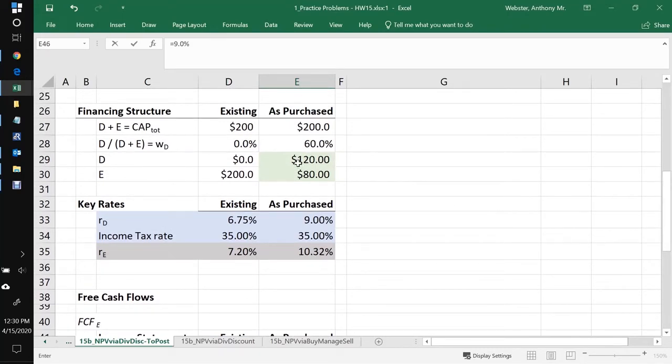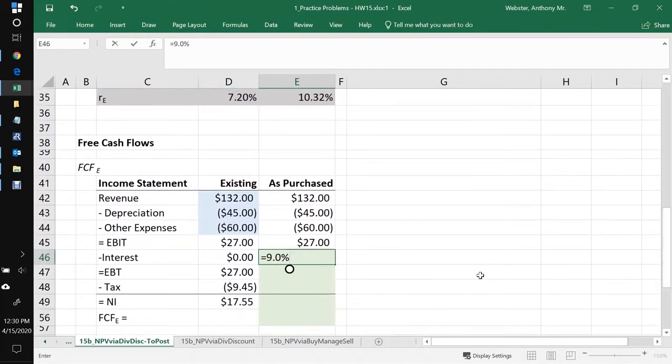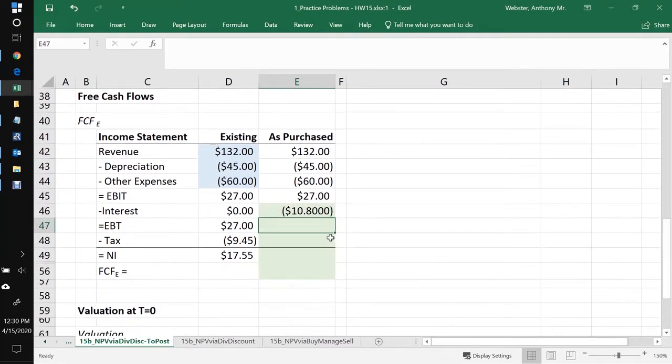Well, it's a steady state firm, so every year the debt is going to remain exactly the same. So I can just take that 120, so times 120. All right, and that's the interest that they're going to have to pay. And just to keep my income statement consistent here, I'll make that a negative number. Okay, so then we can get to their earnings before tax. We just subtract the interest from the EBIT, and we get the earnings before tax here of 16.2.